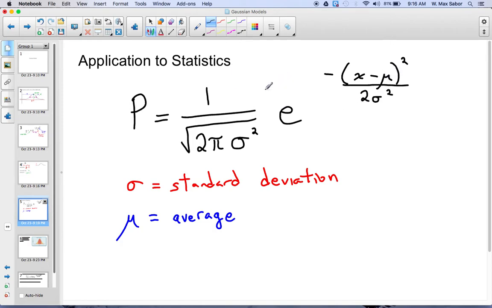So you move right to the average so that the curve is based at the average, and then the standard deviation determines how wide and tall your curve is. So if your standard deviation is very small, then it's going to be something like that. And if your standard deviation is very large, then you're going to have a very wide bell curve. You don't have to memorize this formula, but this is one of the things that the Gaussian distribution is used for.